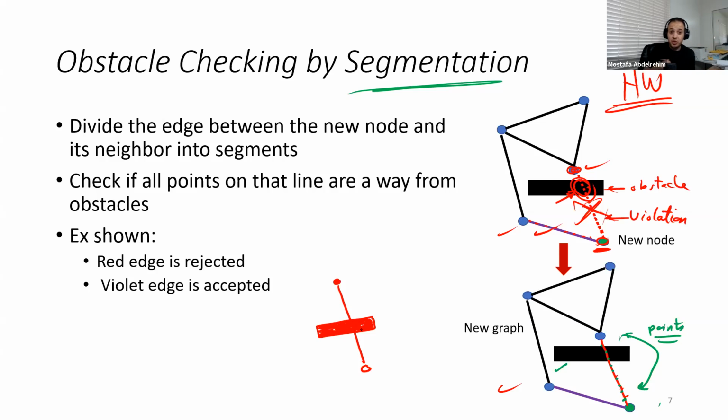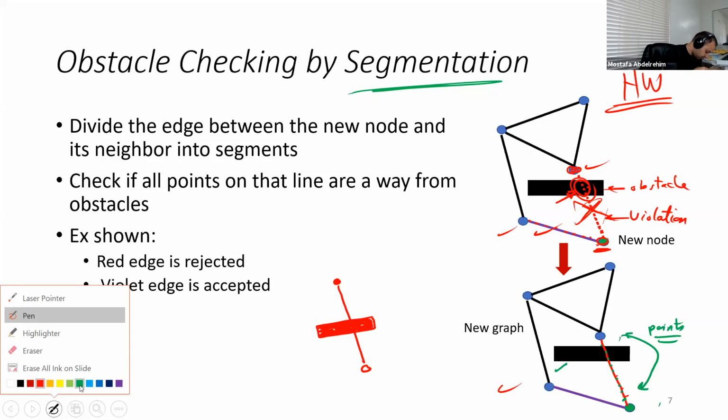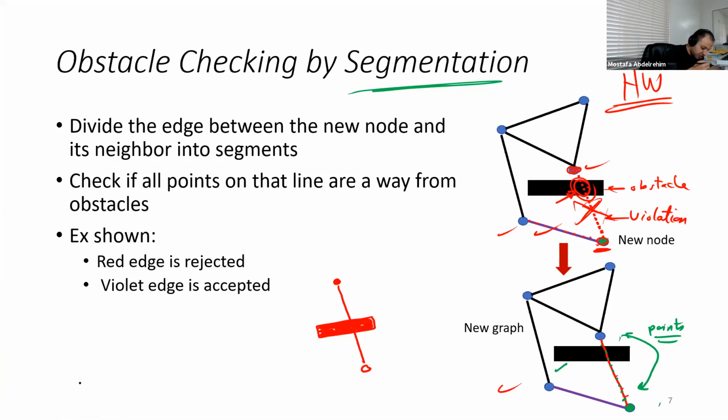Let's see the importance of that number of segments. If we choose this number of segments equal to 3, we will divide this edge into 3 segments, right? So this is segment number 1, segment number 2, segment number 3.